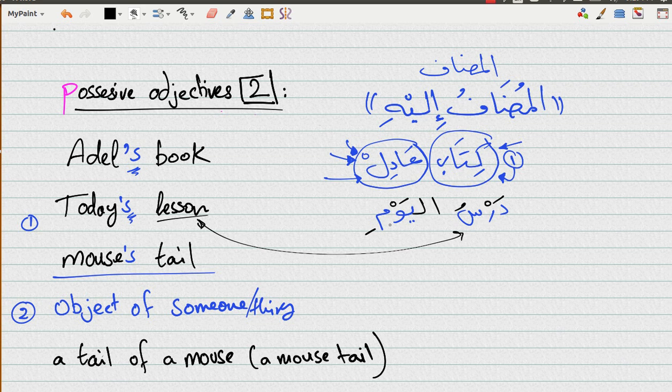Then the second word, since we're talking about today's lesson, this day is specific, so I have to add al. The other thing, المضاف إليه, normally ends with كسرة. So I have to say اليومي. So درس اليومي. درس اليوم.